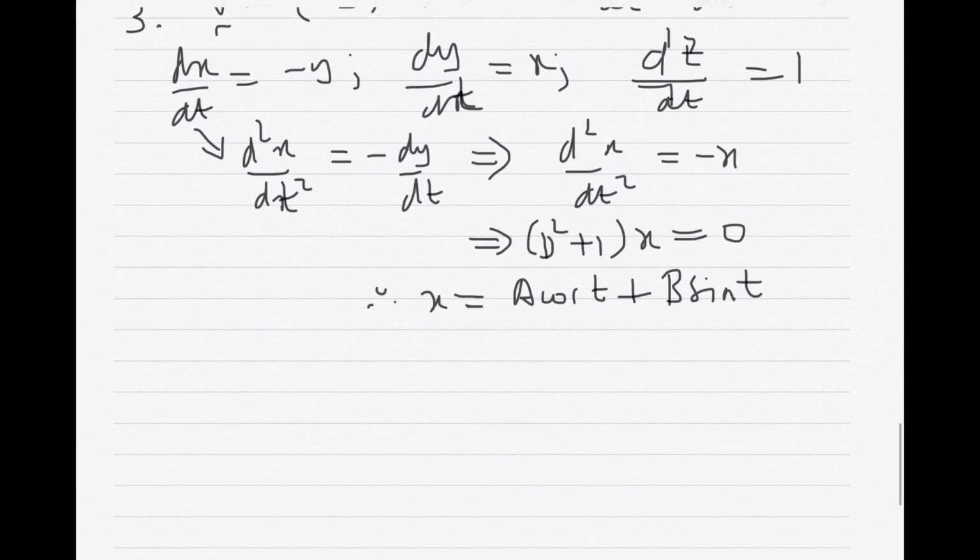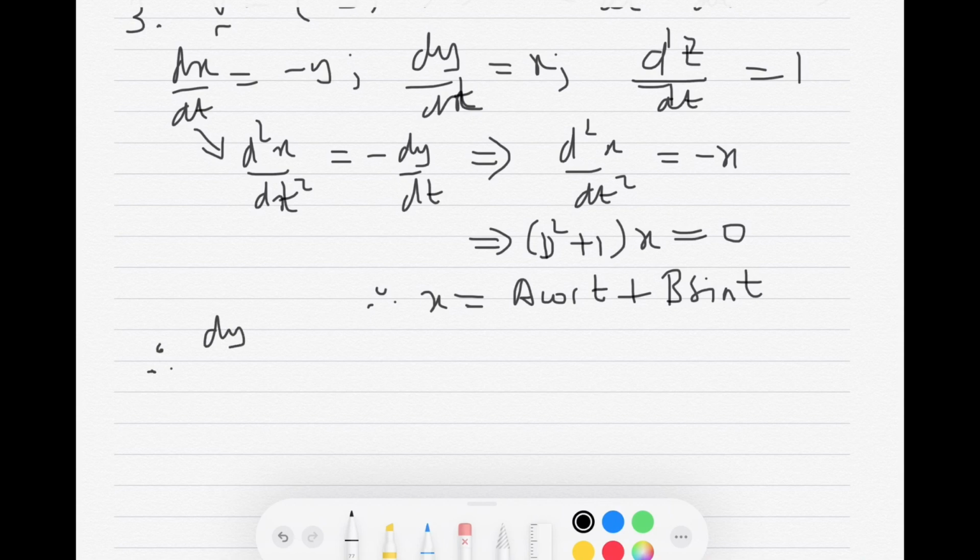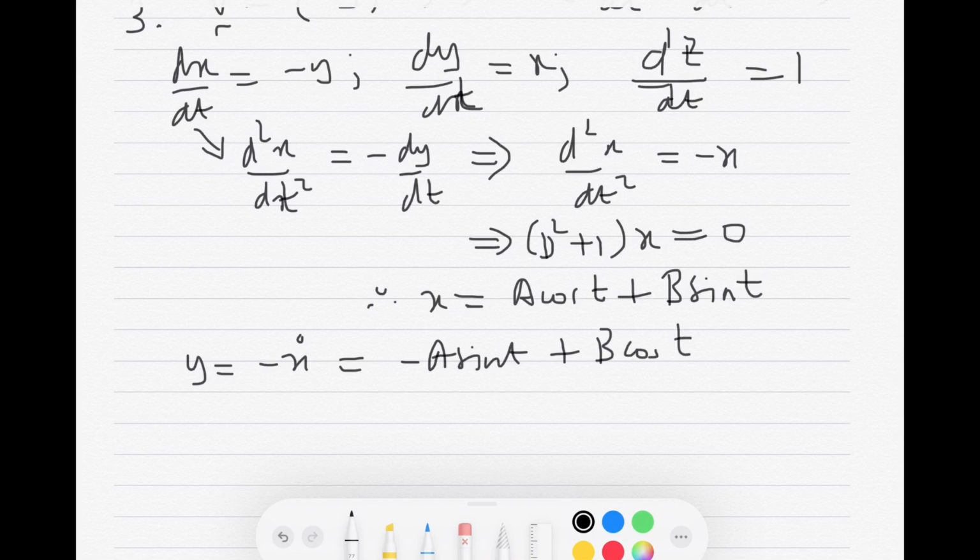We can now solve for y very easily. In fact, let's use the first equation to solve for y. By the first equation, y is equal to minus x dot, and just differentiating, that is minus a sine t plus b cos t.